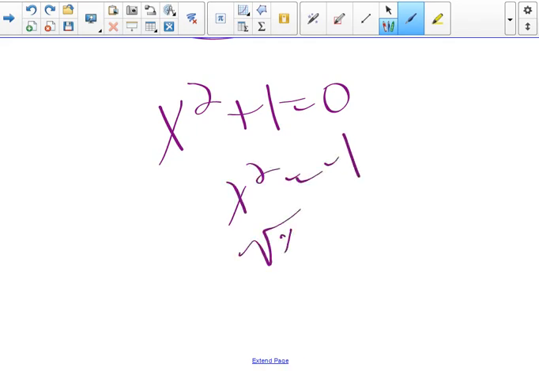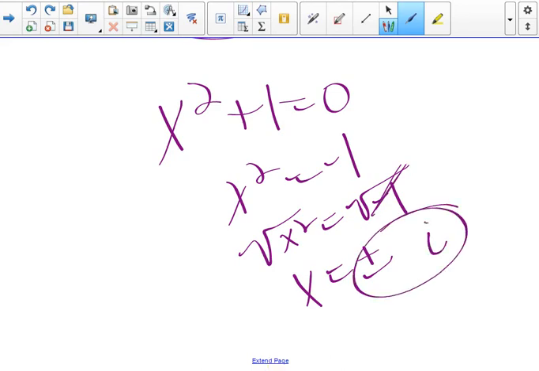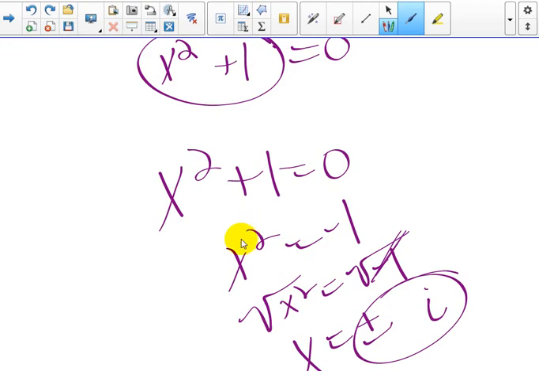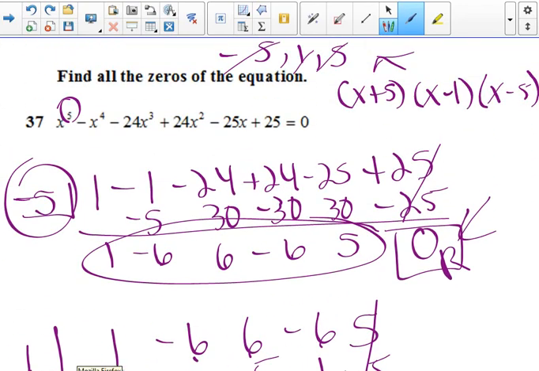Take the square root of each side, and you get that x is equal to positive negative, and square root of -1 is just i. So it's going to be a positive i and a negative i for your answer. And those are our zeros. So -5, 1, 5, i, and -i. And those are all your zeros. That's how you do it.